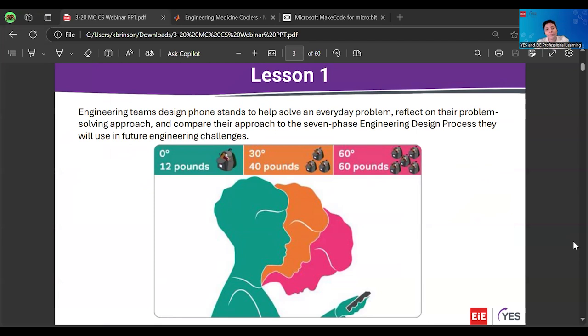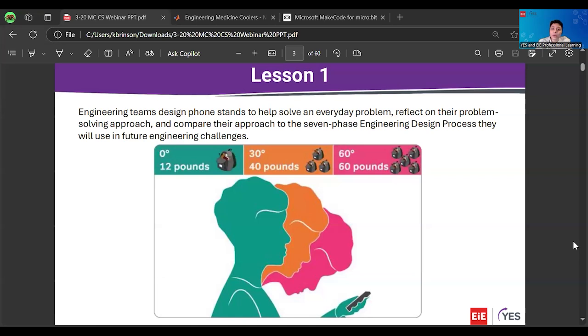They talk about whether they've experienced this problem before and how they might solve it, and they are challenged to design a cell phone stand with a limited amount of materials like cardboard, cardstock, paper clips, straws, etc., to prop up a phone. And this is done in just a few minutes. They don't have too much time to create it, typically between 10 and 20 minutes to actually create their design.